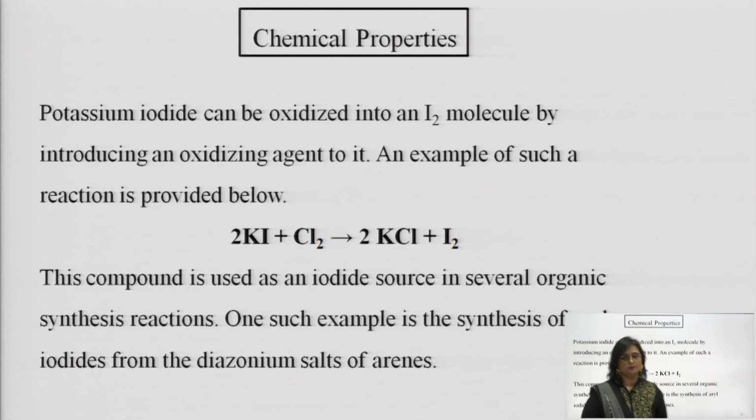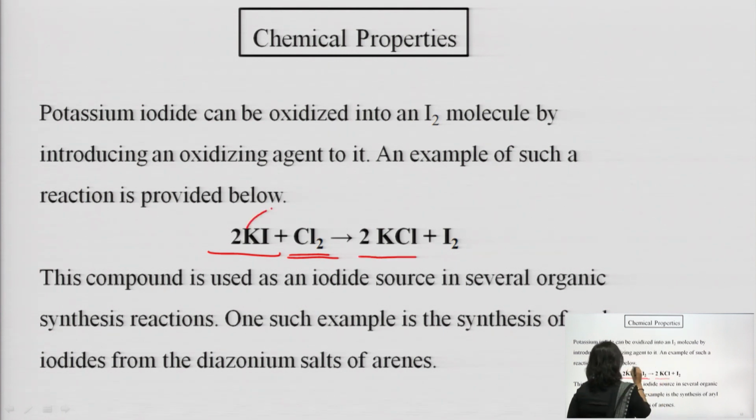For example, 2KI plus an oxidizing agent, which is chlorine. When potassium iodide reacts with an oxidizing agent, then KCl, potassium chloride, is produced along with removal of an iodine molecule.